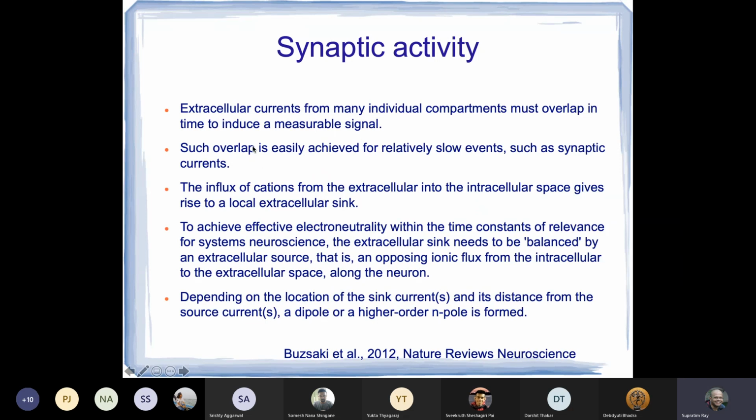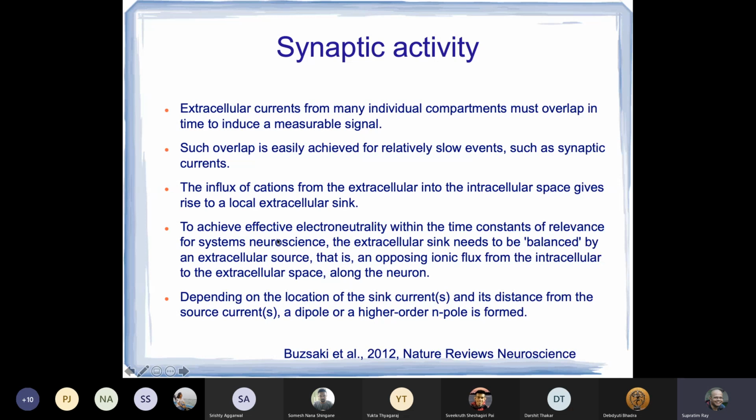Synaptic currents are actually good candidates because they are relatively slow events. The stuff that I told you is this: the influx of cations from the extracellular to the intracellular space gives rise to a local extracellular sink. This is the current that got sucked in.